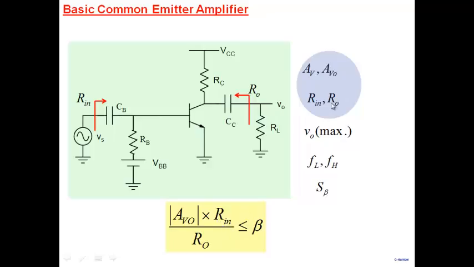Now, there are other important parameters as well. Today, what we are going to see is output voltage swing. The question that we are asking is, how large an output swing can we get here? And what are the parameters that affect the output swing? And also, as you will expect, whatever is a desirable quantity, if you want something large, it will come at the expense of something else.